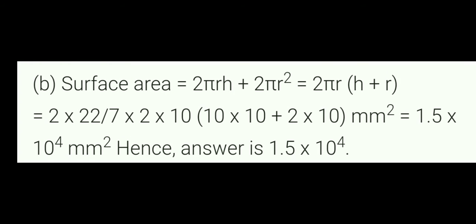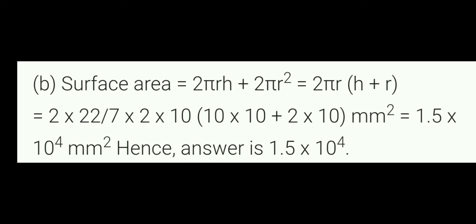As we already know, the formula of surface area of a solid cylinder is 2πrh plus 2πr square. In simplified form, it is 2πr(r + h). Now put the values, but remember one thing: we should consider the units of length in mm, not in centimeter, because our requirement is to calculate the area of the solid cylinder in mm square. So in 1 centimeter there is 10 mm.